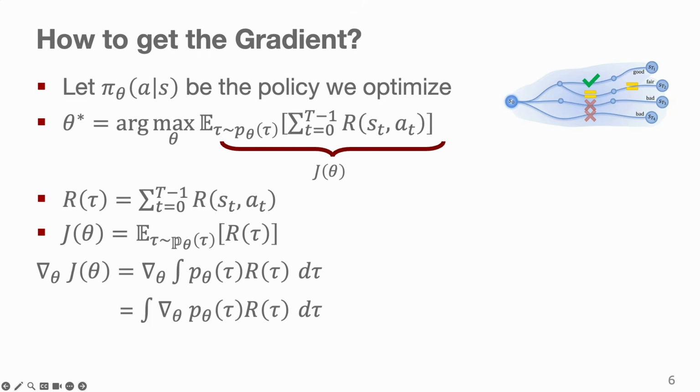You might think this doesn't seem that useful yet, because we still have this high-dimensional integral that we want to avoid computing directly, and we still have this unknown probability inside.